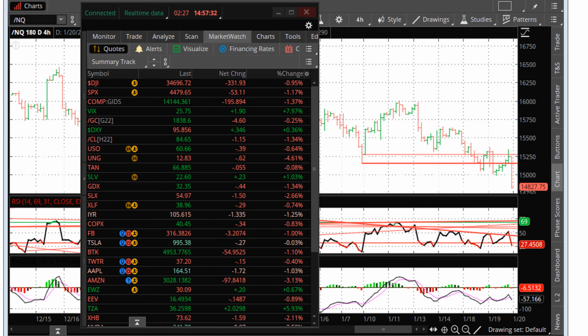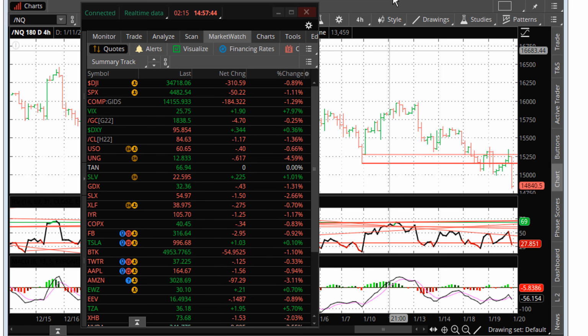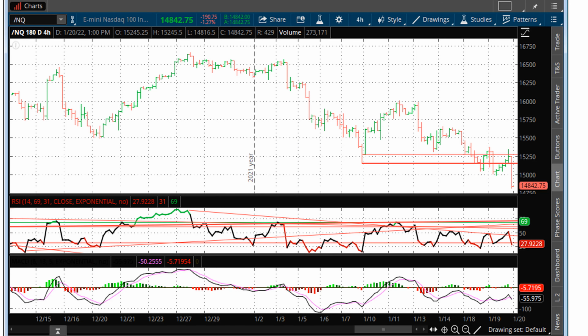Anyway, we are coming towards the end of the session and the Nasdaq is seeing this hourly drop. That's not the point. The point is, actually, maybe it is the point. If you take a look at this chart here, we can see the market closing lower for the day as the RSI for the Nasdaq futures drops below RSI 30.9, which is the point I'm trying to make here.